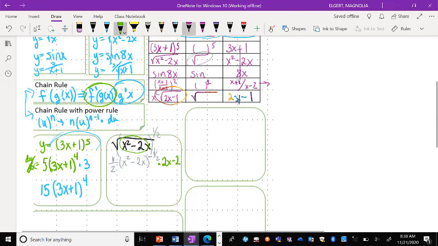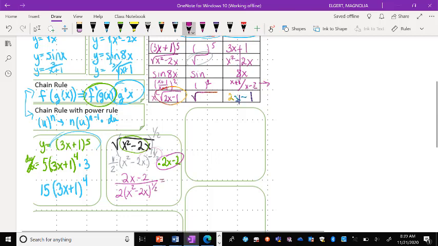Now it gets a little funky. Not really funky, but you just got to remember this is negative, so I'm going to bring that to the bottom. This is the base, so that's going to go to the denominator. This is already in the denominator. So then it looks like 2x minus 2 in the numerator over 2 times x squared minus 2x to the 1/2.